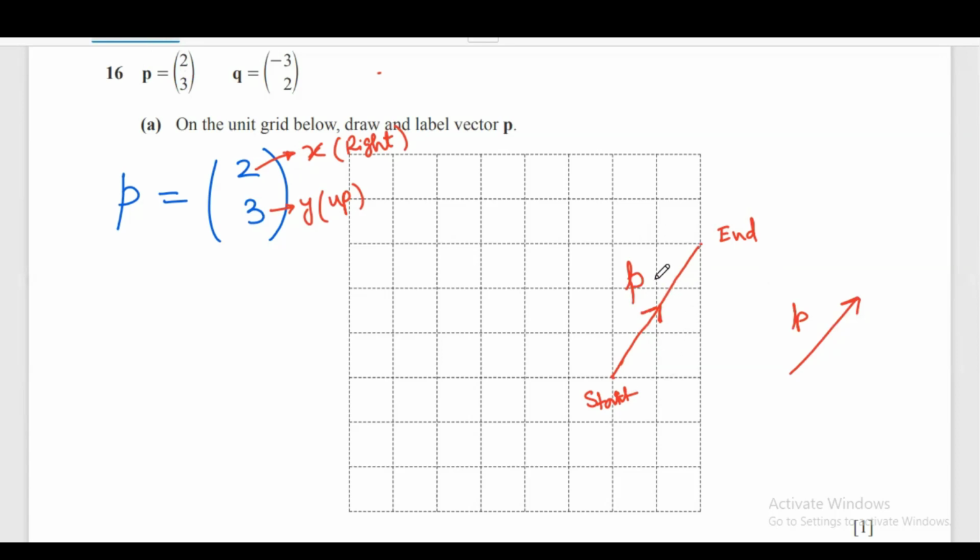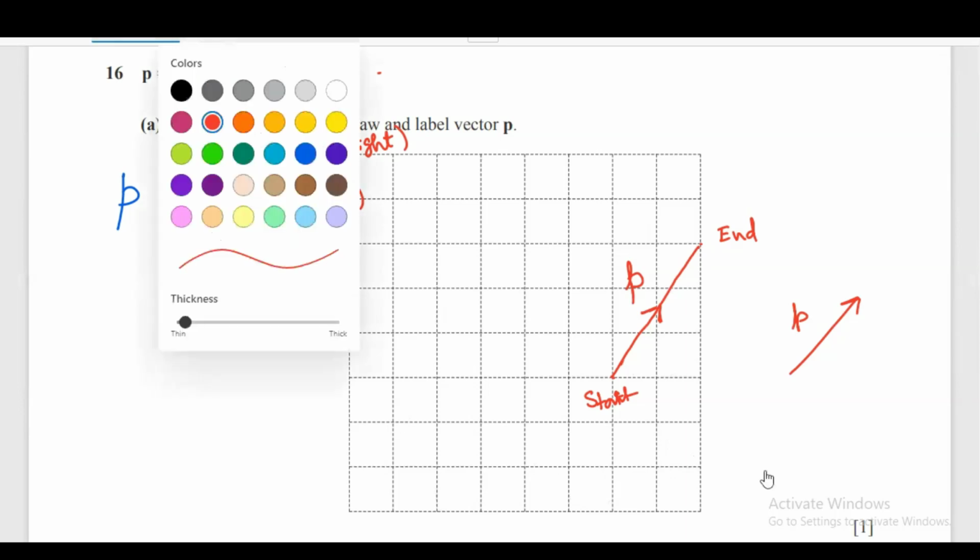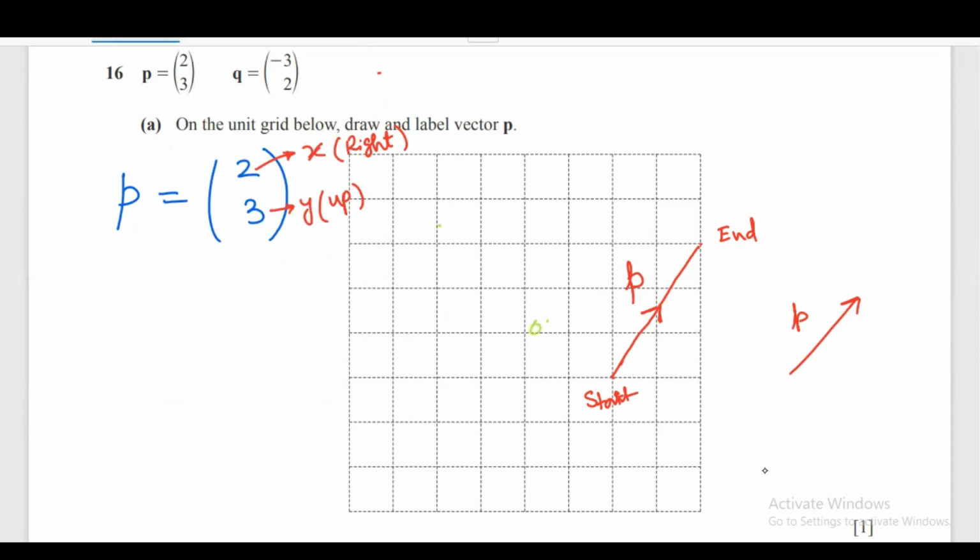You can draw vector P with the selection of any point on the grid, but not beyond the range. So suppose we can draw vector P with another starting point.